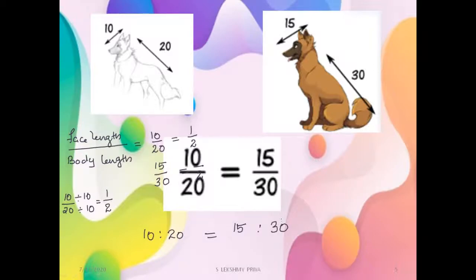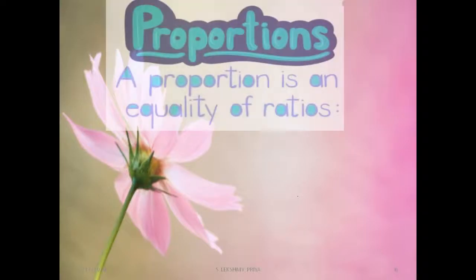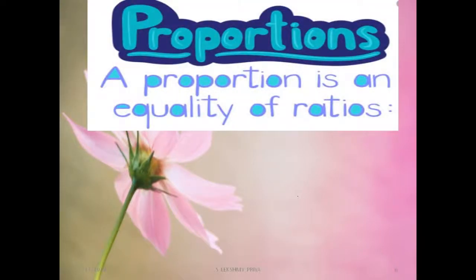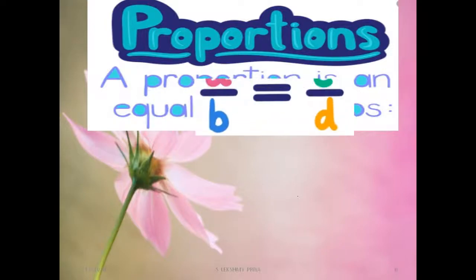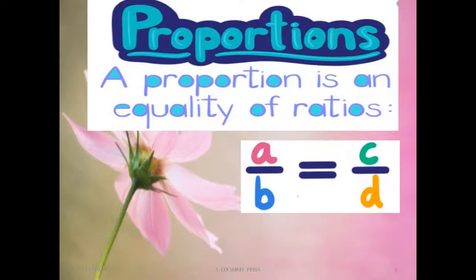We have seen in these two examples some ratios which are equal. Let's come to the word proportion or proportionality. A proportion is an equality of ratios, or we can say that an equality of two ratios is called proportion.